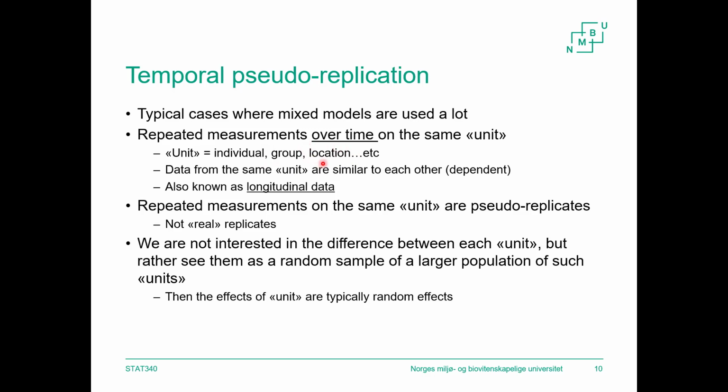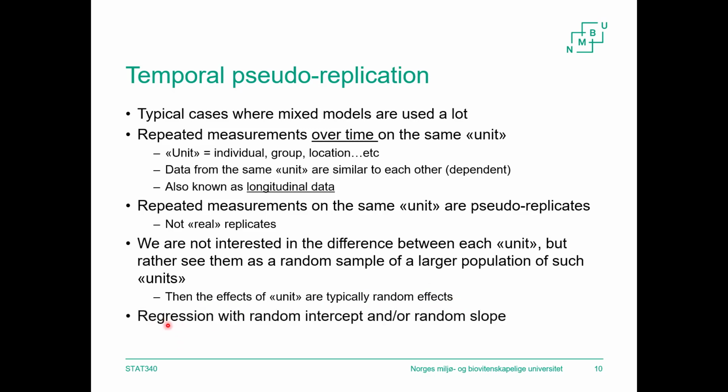Or it could be that you are sampling in a location in the forest, but you're not really interested in that particular location. You only see it as a representative of all the locations you could have sampled from, right? And then you have a random sample from a larger population, and the effect of the unit is then typically a random effect.